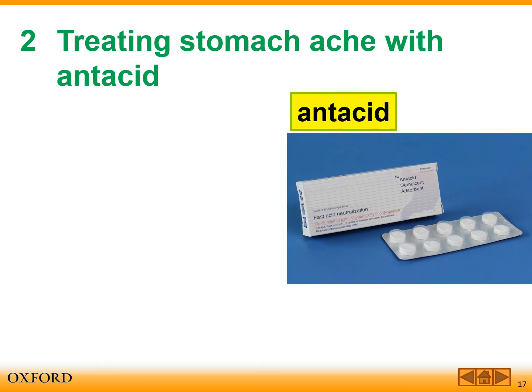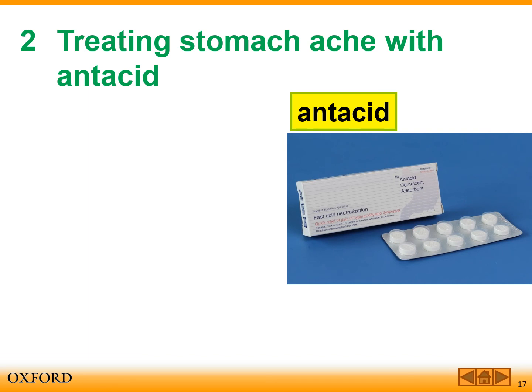This example we have talked about last lesson, that is treating stomachache with antacid, because some kinds of stomachache are due to the excess acid, that is concentrated hydrochloric acid, produced by our stomach.